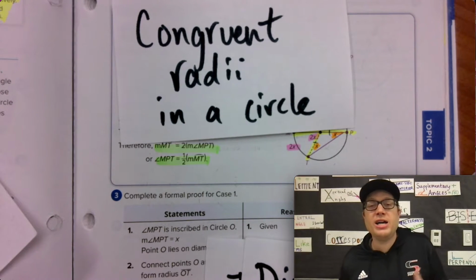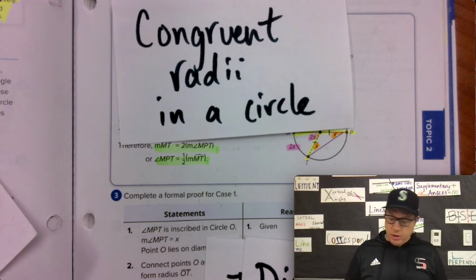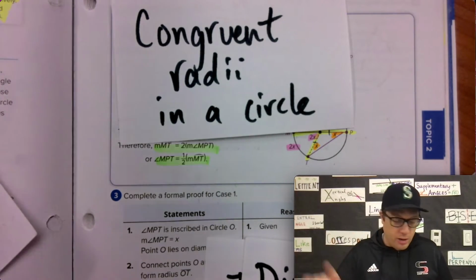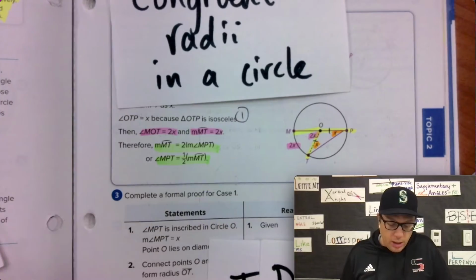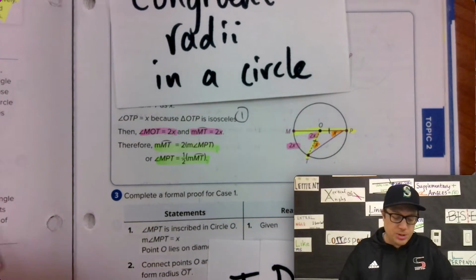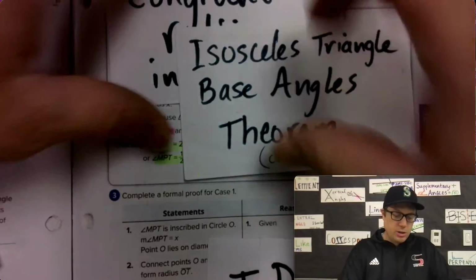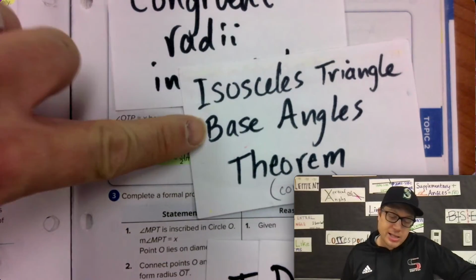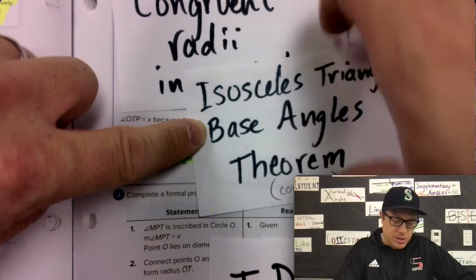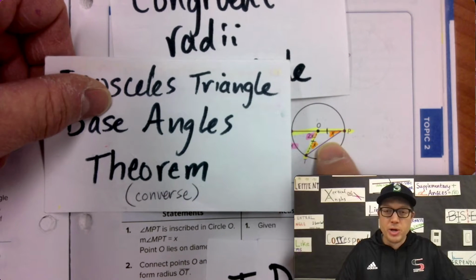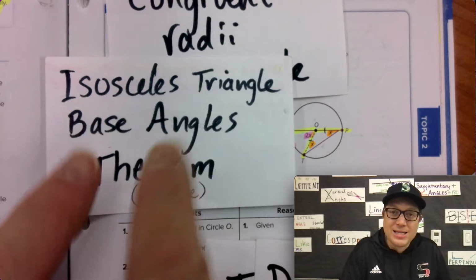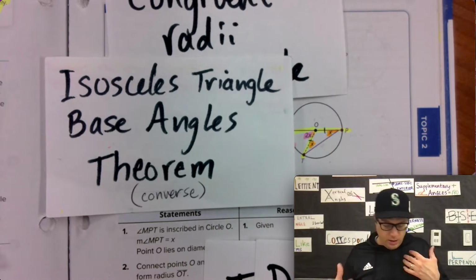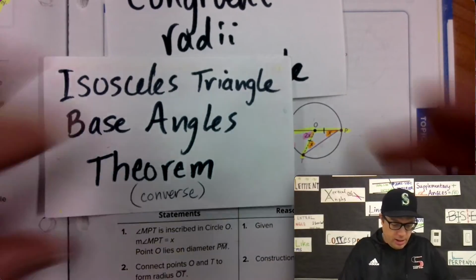Once you know they're isosceles, we can then say, because we know that we have radii that are equal, this triangle is going to create angles that are congruent. So from congruent radii, the next thing we get to say is that the triangle that's created here has created equal angles because it's isosceles. Okay, so we do a little bit of setup.